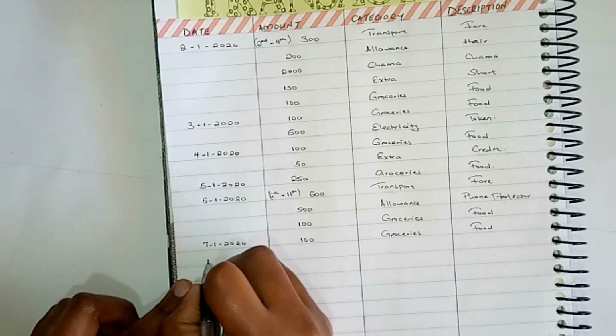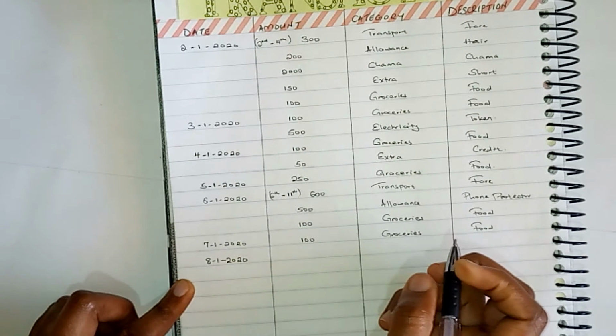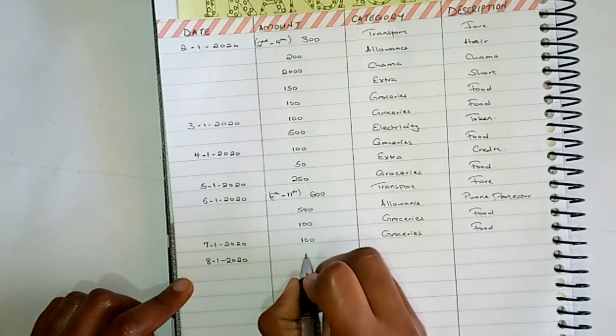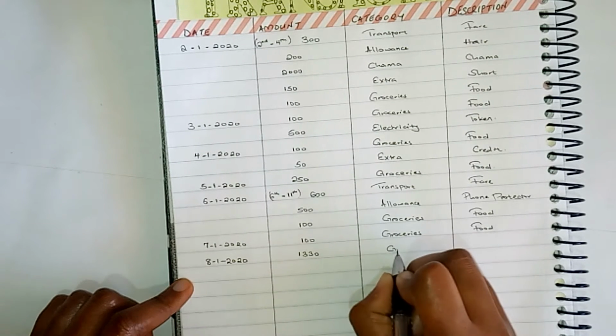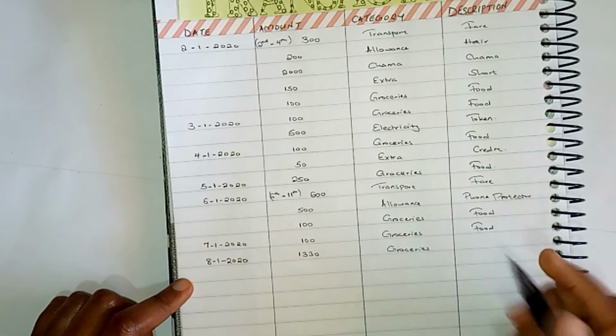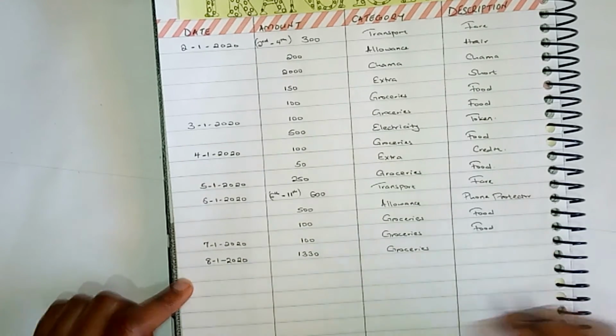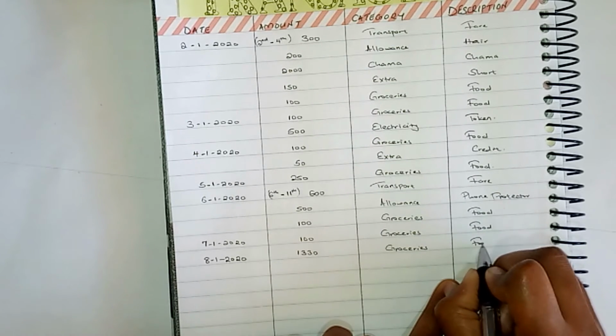On the 8th, again 1,330 from my groceries. I needed to stock up on some food, some hard food, so that is where the amount is so high, and that is again food.